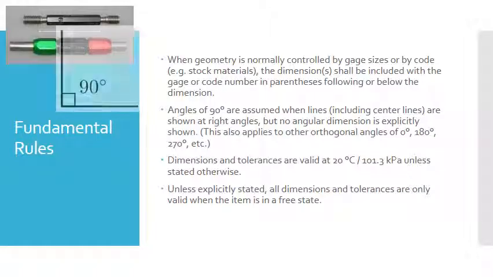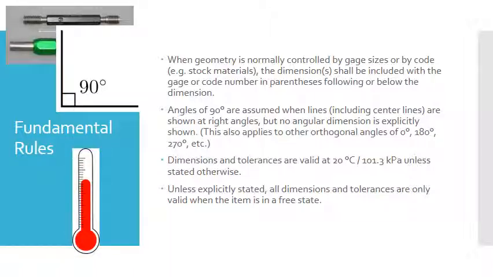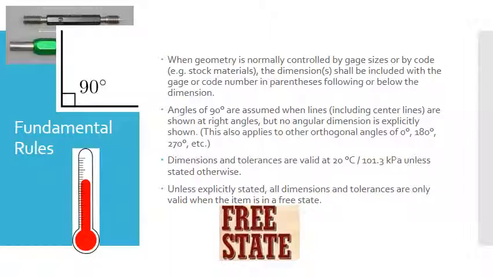Angles of 90 degrees are assumed when lines are shown at right angles, but no angular dimension is explicitly shown. This also applies to other orthogonal angles of 0 degrees, 180 degrees, 270 degrees, etc. Dimensions and tolerances are valid at 20 degrees C / 101.3 kilopascals unless stated otherwise. Unless explicitly stated, all dimensions and tolerances are only valid when the item is in a free state.